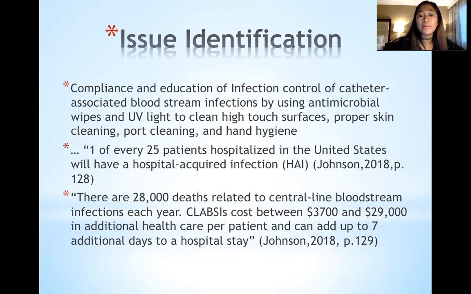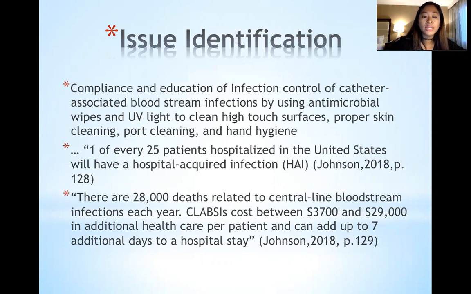1 of every 25 patients hospitalized in the United States will have a hospital-acquired infection. When patients come to the hospital, they're expecting to get better, not sicker. And when they get hospital-acquired infections, it can lead to many more complications.